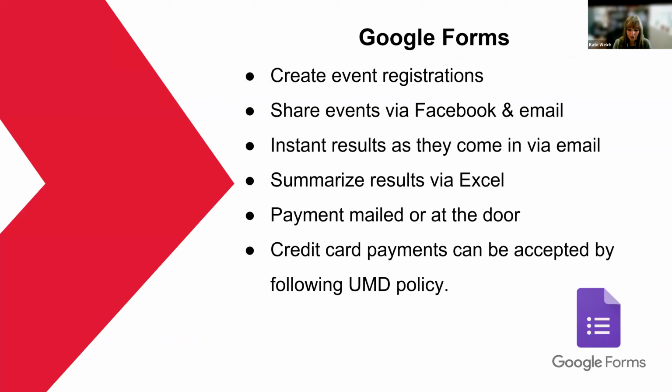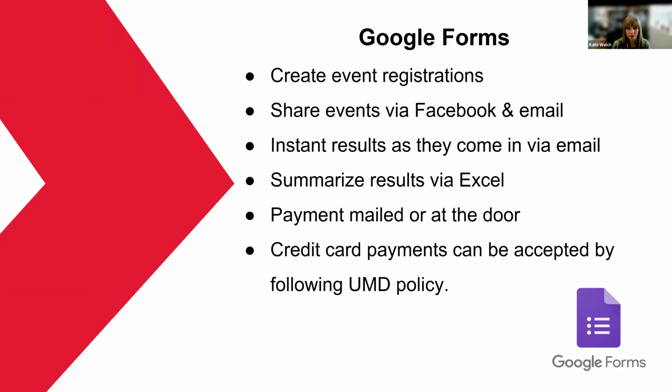Right, so now I'm going to go into registration for Google Forms. Another easy way to set up registration is with Google Forms. You can share the form through social media, email, on the website, and it's extremely easy to complete.